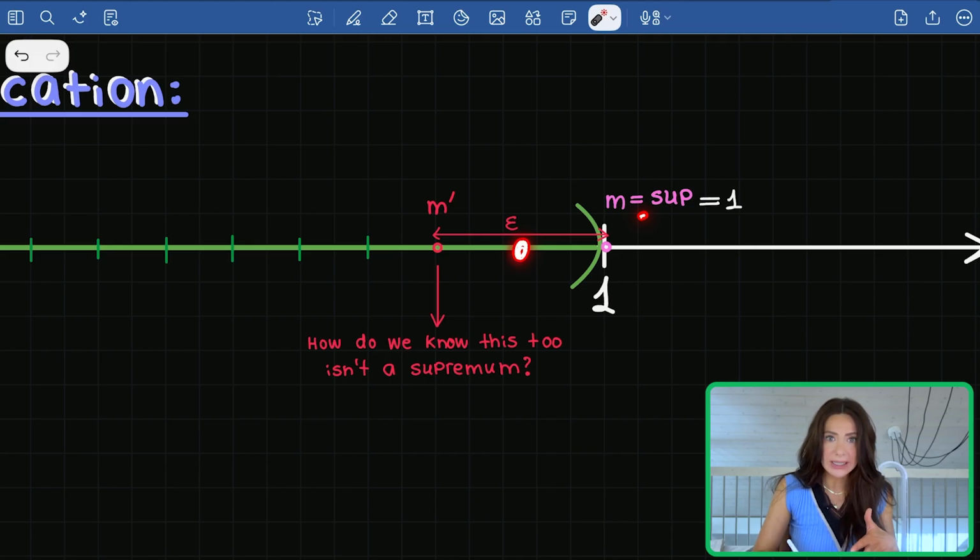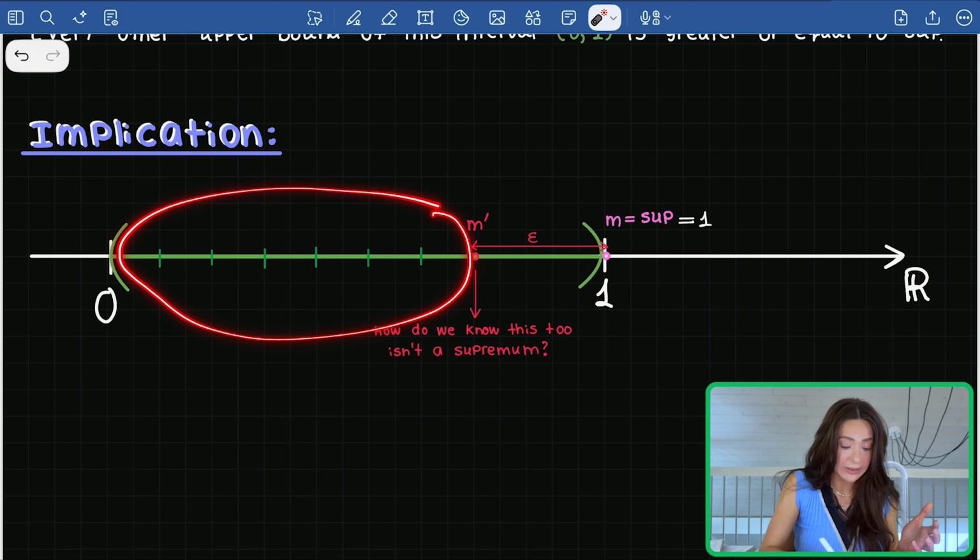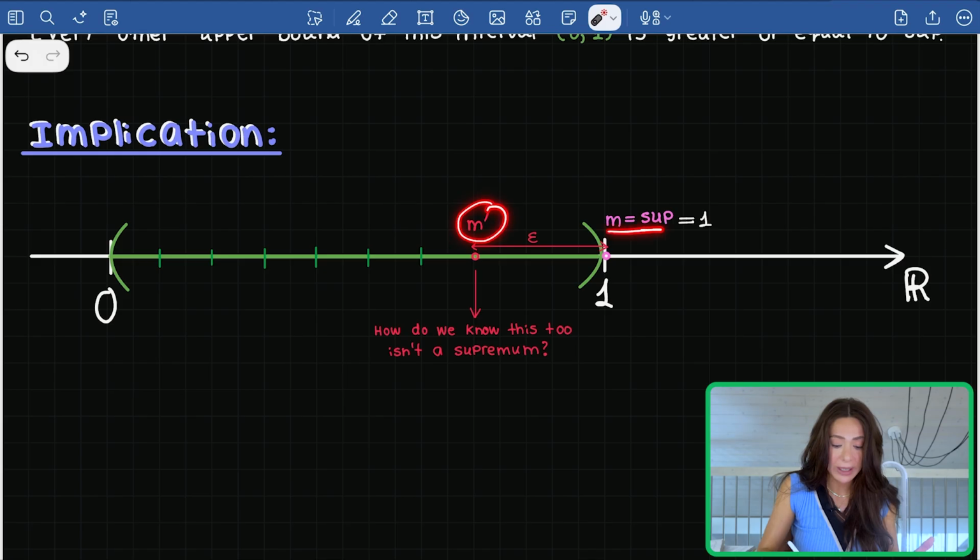Because if it wasn't, then accidentally you have made m prime a supremum. Because if there are no elements of this set in this little interval, that means that every element of the set is less than m prime, making m prime one of the upper bounds. And you can see that m prime is clearly less than m, epsilon less than m, making this a supremum.